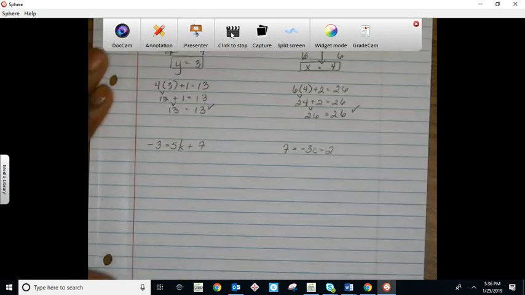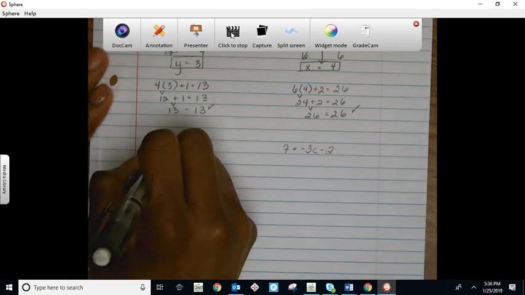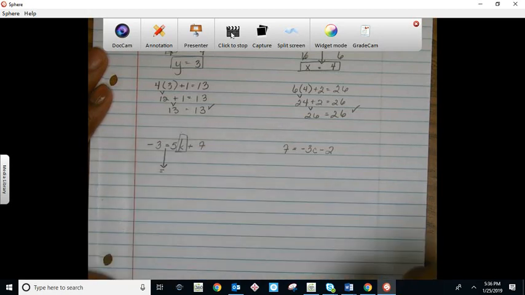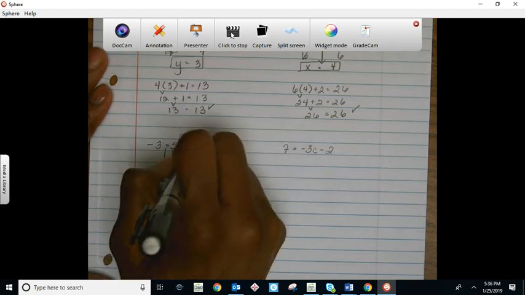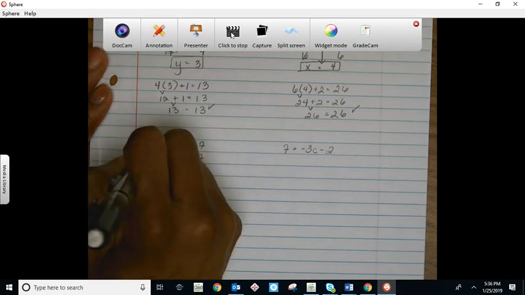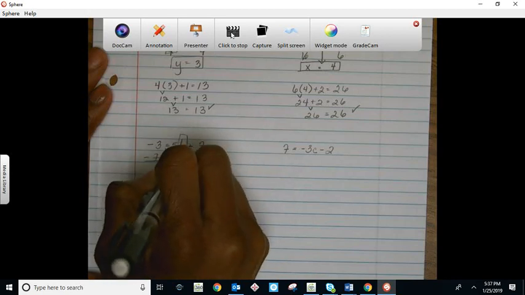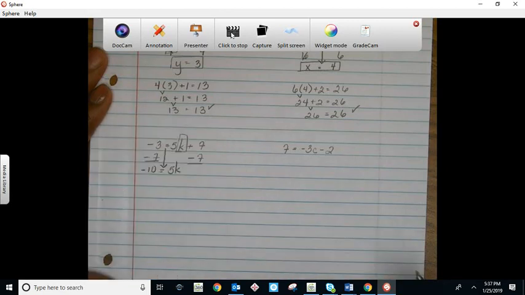So, again, here's my variable. I'm going to create my two sides. Remember, I'm looking to add or subtract first. This says negative 3 equals 5k plus 7. So let me get rid of this. So we got 5k equals negative 3 and negative 7 is a negative 10. Remember, the signs are the same.